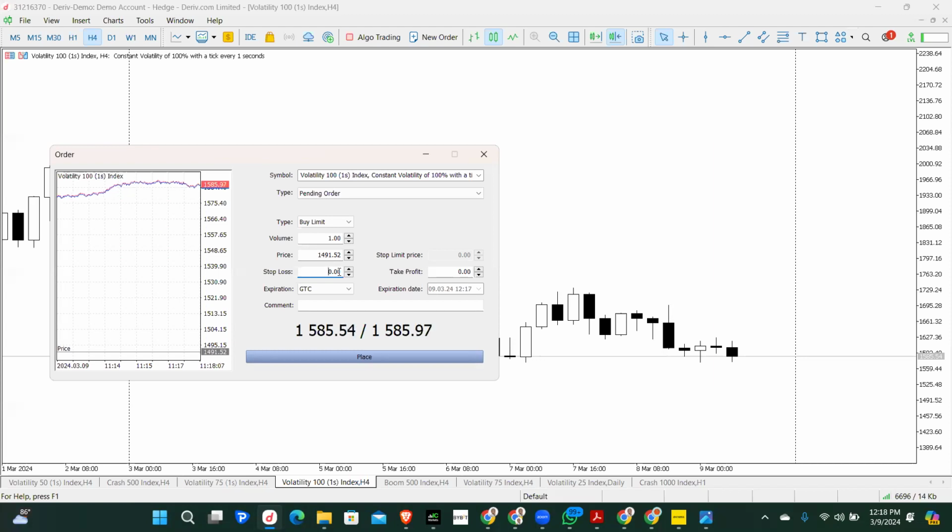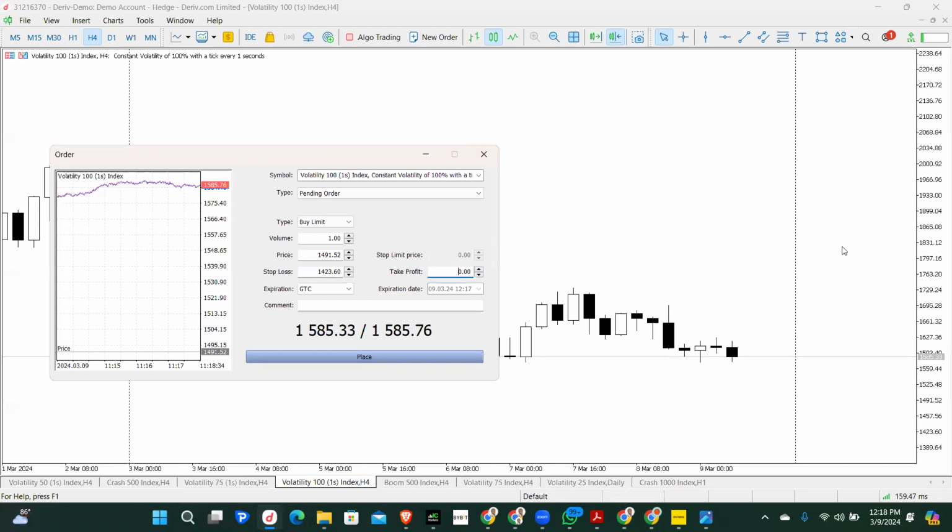So maybe I want to use the price of 1423.60 as my stop loss. Then my take profit has to be a price above my entry.